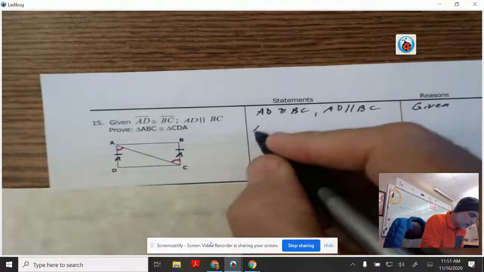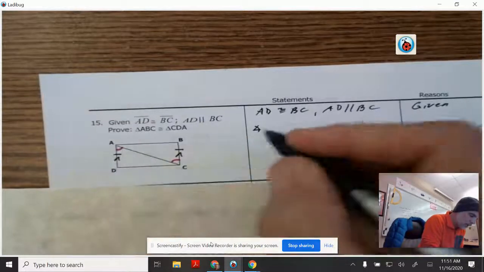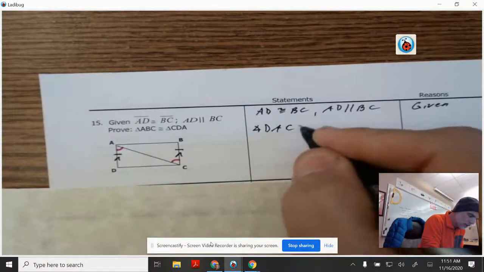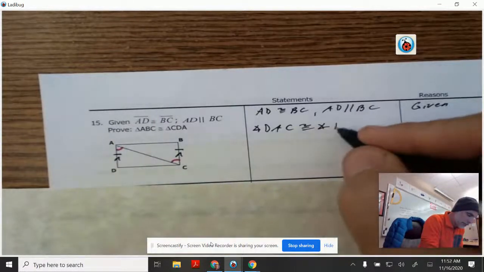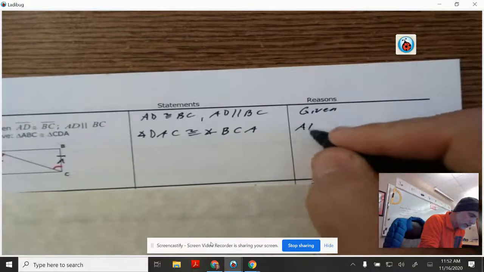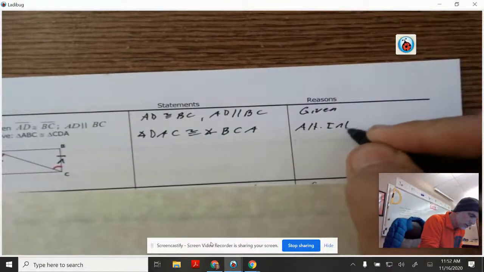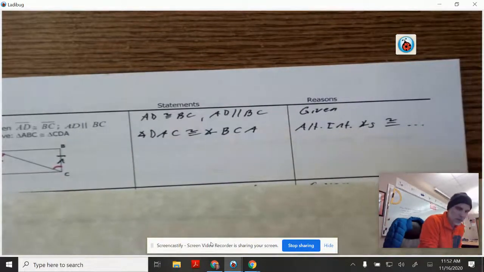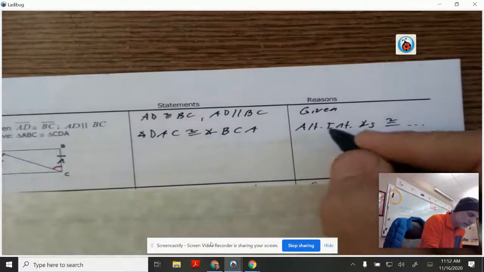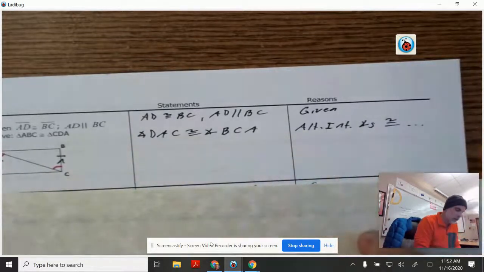So I'm going to say angle DAC is congruent to angle BCA. And the reason I know this is alternate interior angles are congruent when lines are parallel. We've been saying that. I just ran out of room. Okay. Alternate interior angles are congruent when lines are parallel.